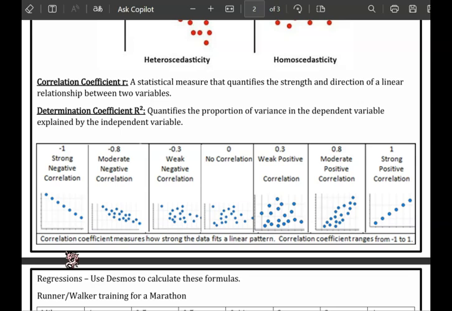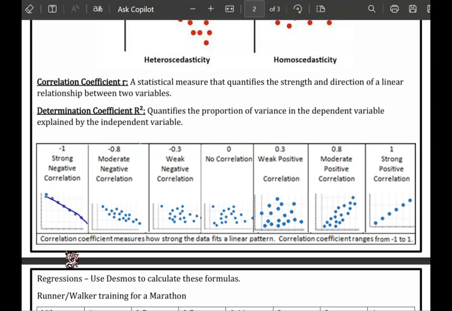Now, for correlation coefficients, if it has negative 1, that is a strong negative correlation. The recorded values would make a straight line in that case, going down. Now, if it's between negative 1 and negative 0.5, it's considered a strong negative, but it's not perfect.